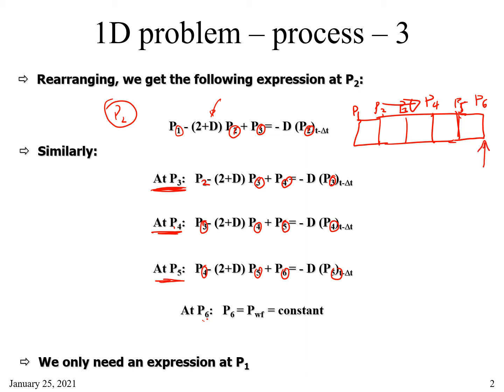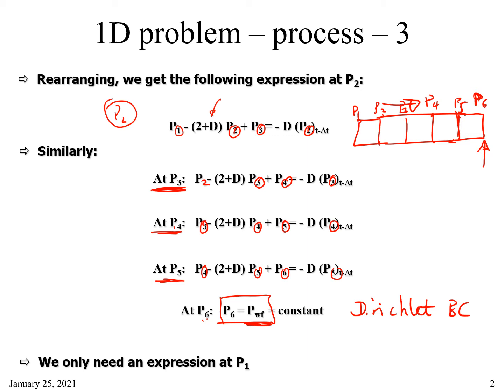We need to treat the boundary condition differently. And what did we say about the boundary condition on the right side? We said we're going to use constant pressure boundary. We're going to fix that at PWF. So this is what is known as a Dirichlet boundary condition. So P6 is just going to be set to PWF, which is a constant value.